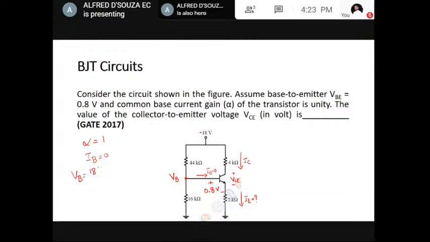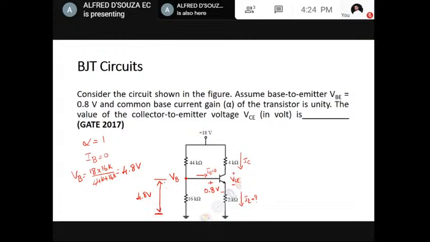It is 18 into 16 kilo ohm divided by 44 kilo ohm plus 16 kilo ohm. That gives me a value of 4.8 volt. So from here till ground, the reference, is 4.8 volt.